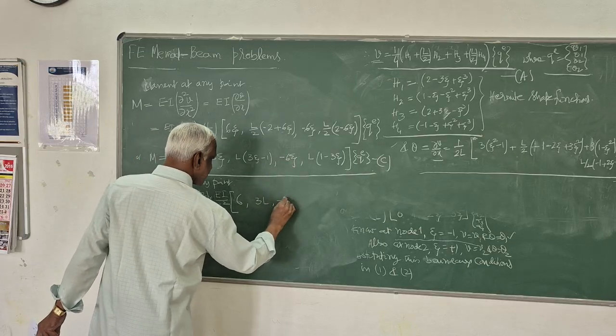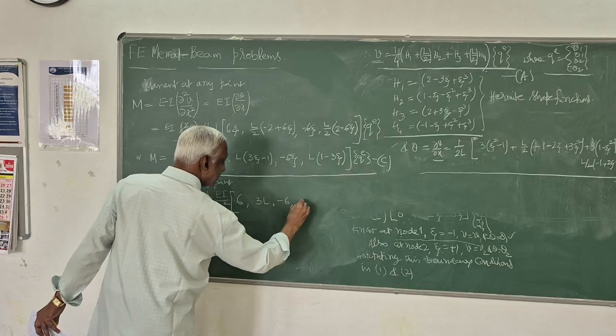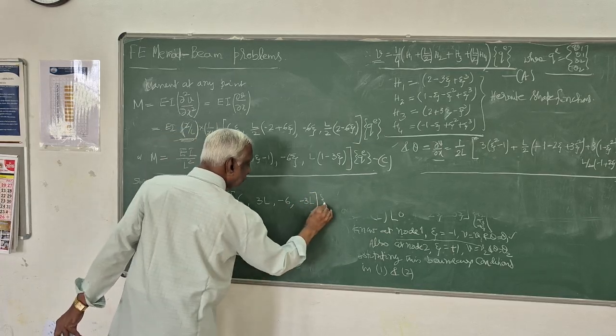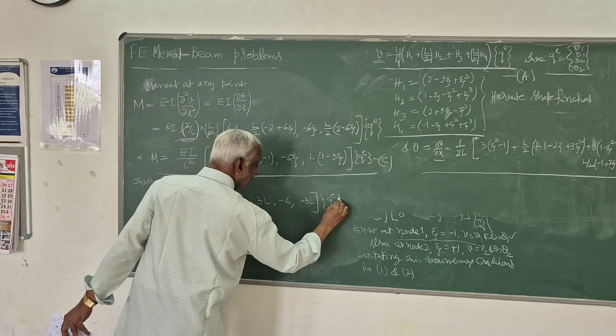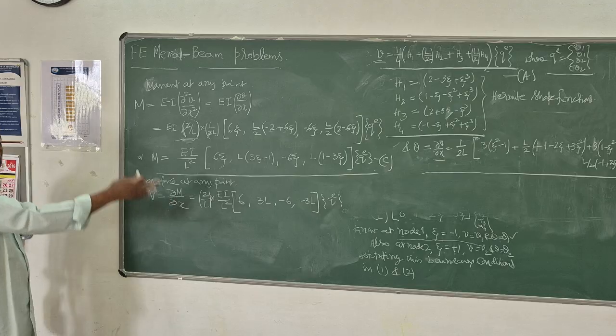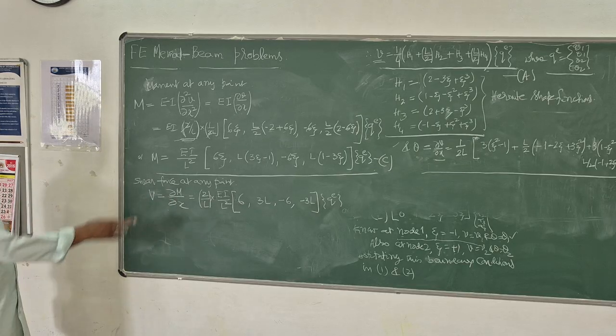Here it is minus 6, here it is minus, that is very simple, and of course the nodal displacements. Be careful with V1, theta 1, V2, theta 2.